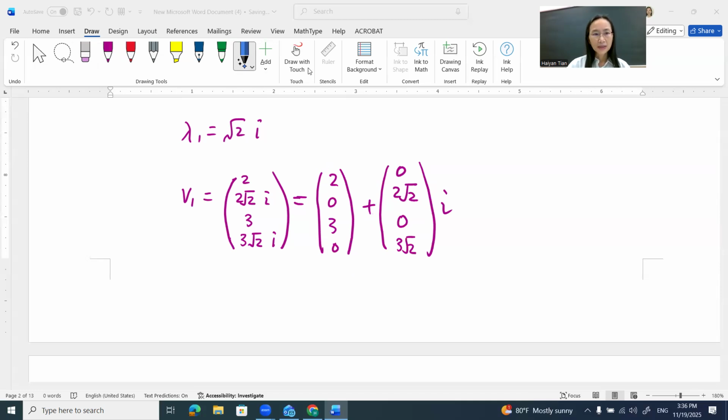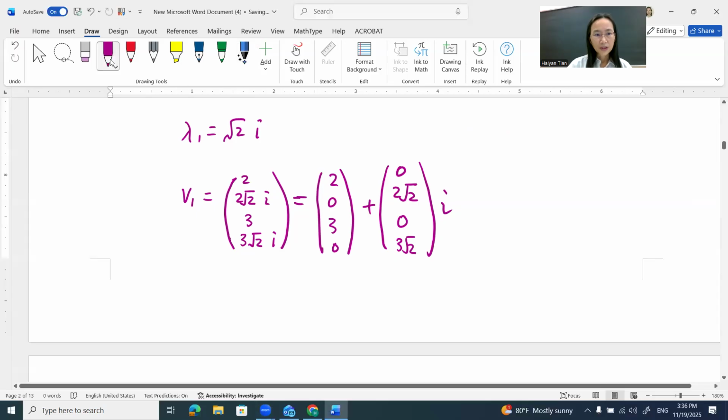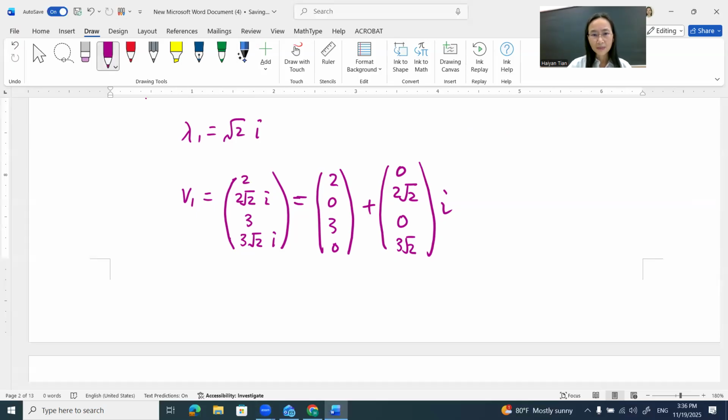So we can simply remember the corresponding notations in the theorem. This is v1, and it has a real part and an imaginary part. That's the notation in the theorem.